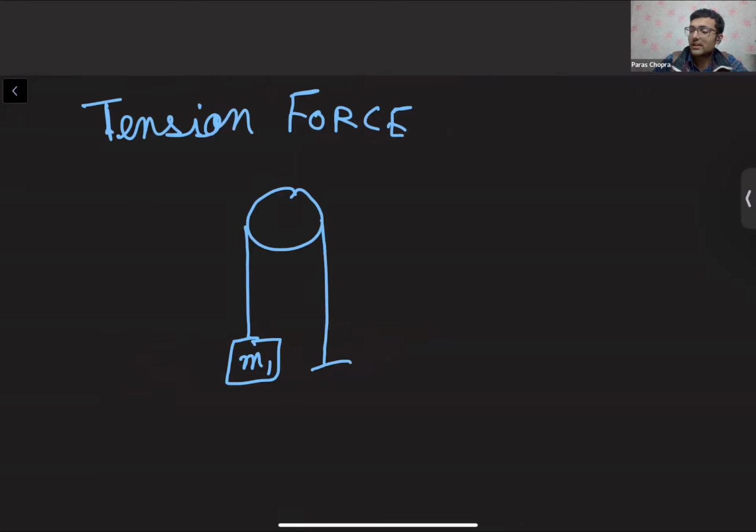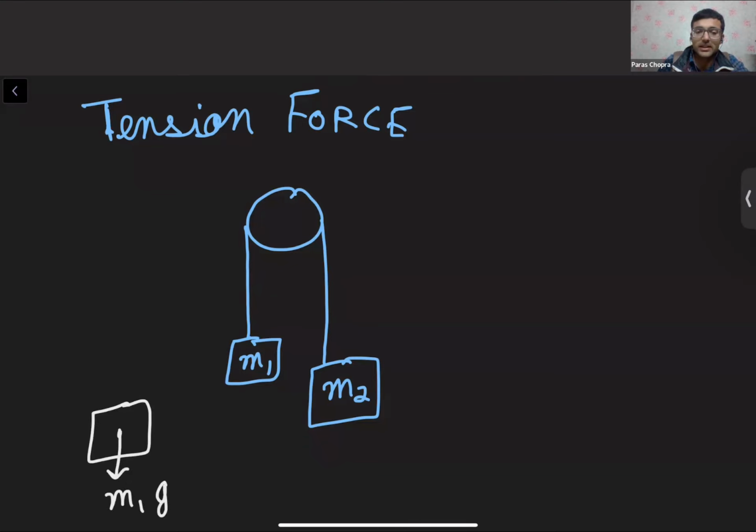The other end of the pulley has some mass m2 attached to it, and you have to calculate the acceleration or the tension force in one of the strings. Okay. So in such problems, you draw the free body diagram of the individual masses. So for the mass m1, there will be a downward force m1g, which is the gravitational force. There will be an upward force, which will be the tension force in the left side pulley.